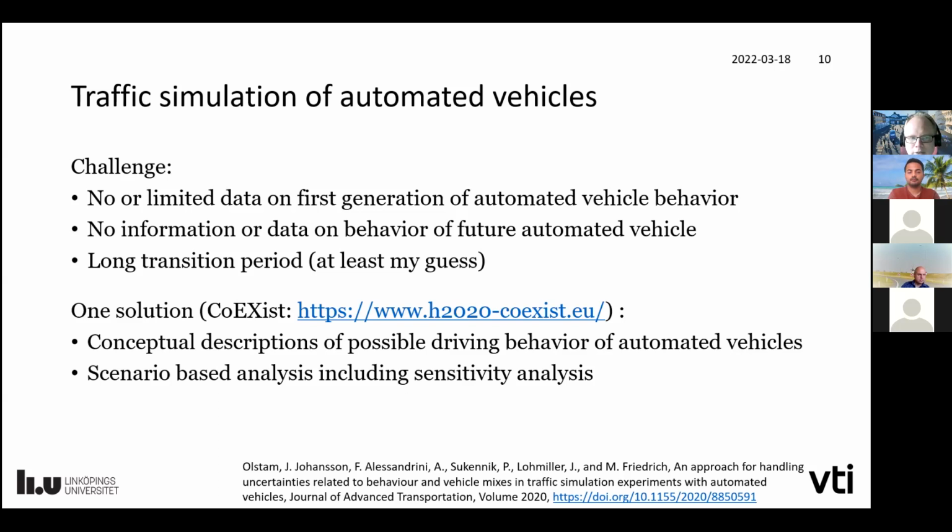So we developed 4 different conceptual descriptions, one being more of a safety-first approach, and at the other end an all-knowing driving logic that has perfect knowledge about everything and can act from that. And then we also made scenario-based analysis and looked at the potential range of effects, since there are large uncertainties.